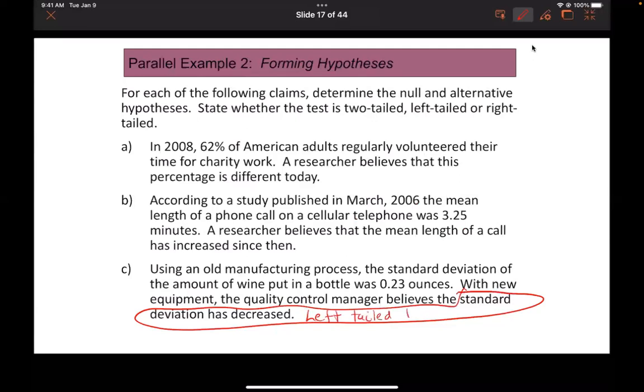So I'm going to have to find a spot to write my null hypothesis. So the null hypothesis, H naught, sigma equals 0.23. So it's always equals. And then my alternative hypothesis, the only thing that changes is the symbol between the sigma and the 0.23, and it is less than, because decreased would mean less than.